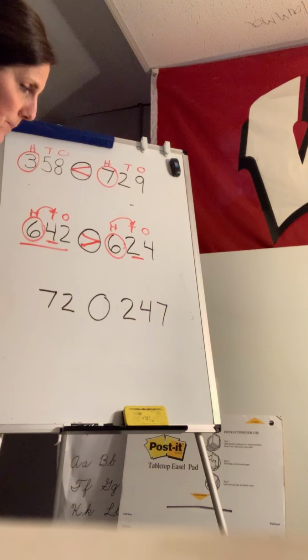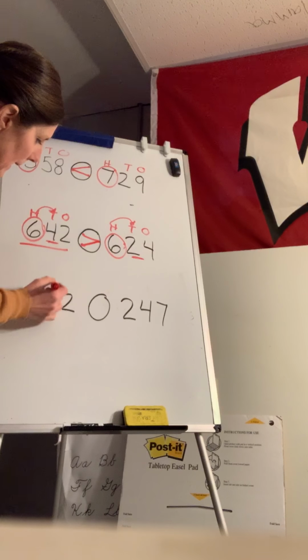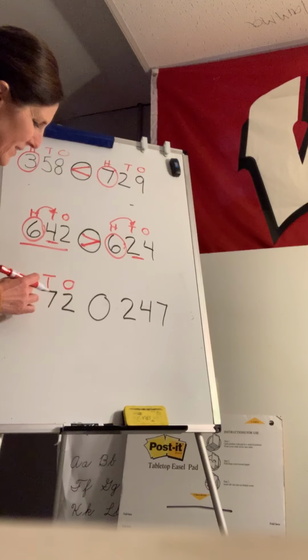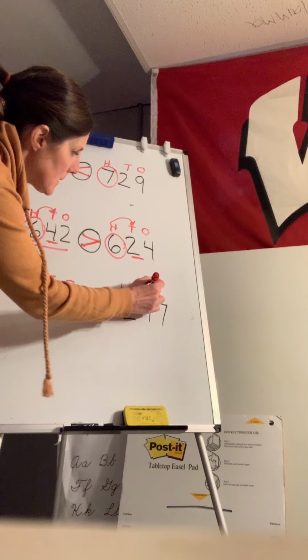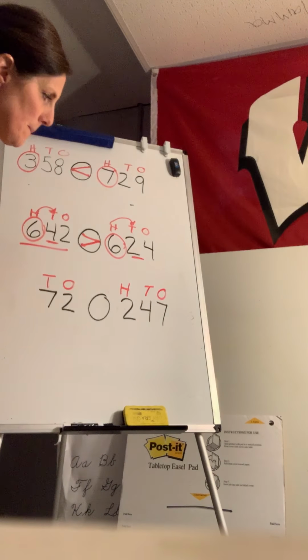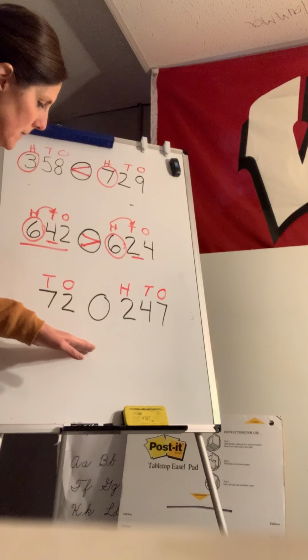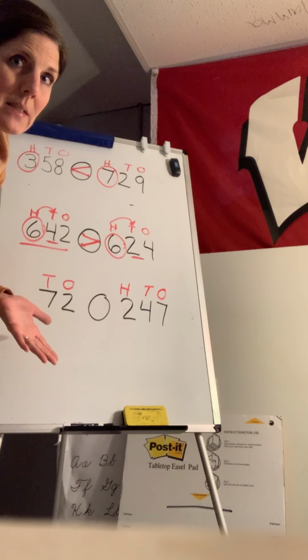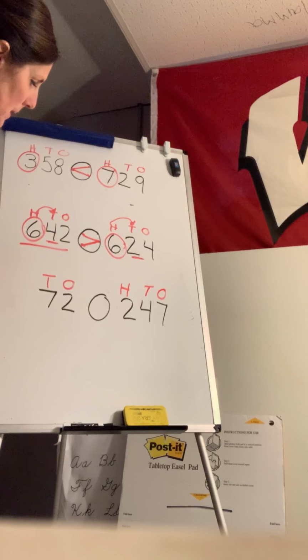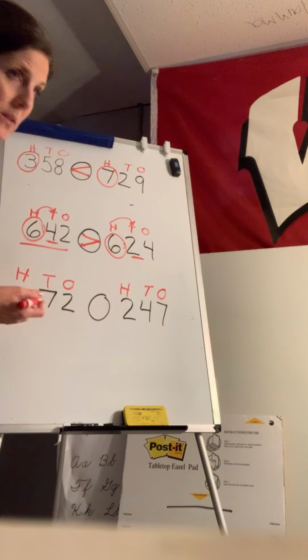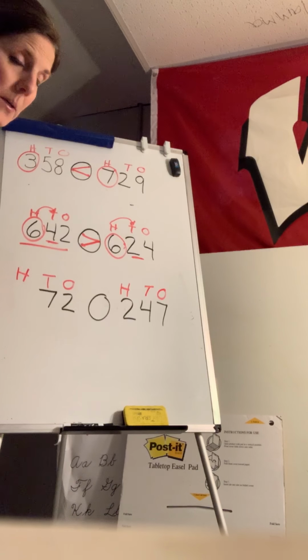All right, if we take a look at our next one, this is where it gets a little tricky. If you take a look, we don't have any hundreds. We have tens and ones. If we look over here, we have hundreds, tens, and ones. This is a 3-digit number. This is a 2-digit number. We can't compare them by looking at just the first digit. We could add as many zeros as we want in front of a number.